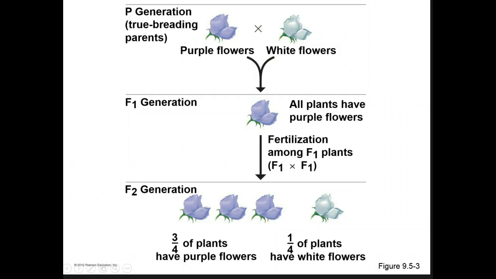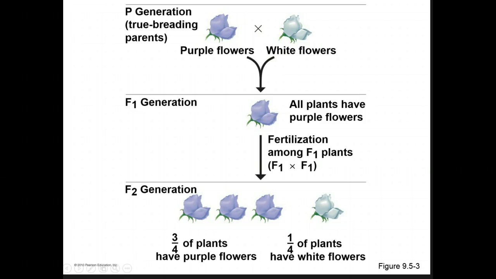Now, to continue on with this cross, Mendel then took flowers in this F1 generation that were all purple and allowed them to self-fertilize. The F2 generation are the offspring of the F1 generation.